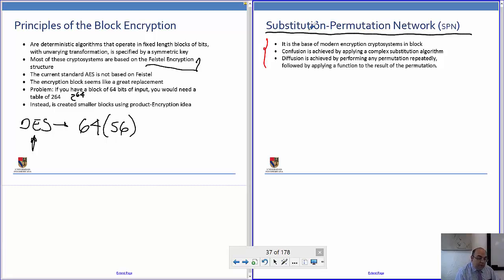Okay? Well, the main things to have in this network are two things. The first thing is confusion, and the second thing we want to achieve is diffusion.